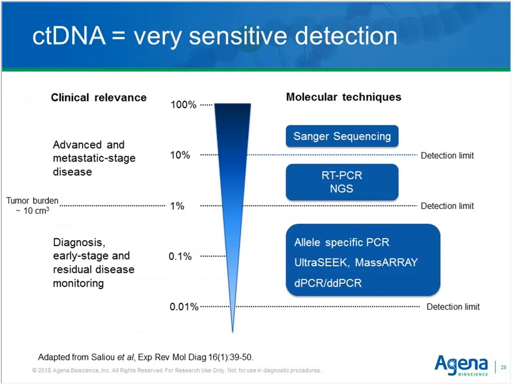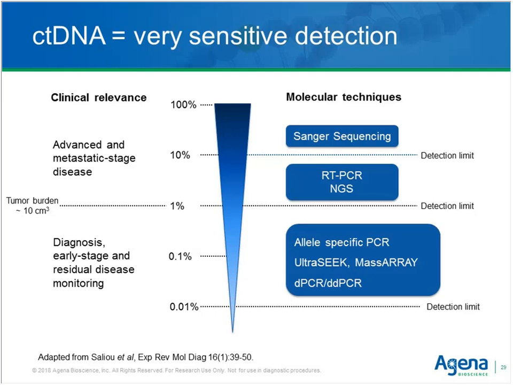So why do we need to worry not just about sizing, but also about the concentration and the amount of DNA? If we take a look at the analytical sensitivity that we need to achieve when working with liquid biopsy, this makes a lot of sense. Going a little step backwards, to the conventional testing of tissue, an analytical sensitivity of greater than 1% or even 10% is not a problem, as it can be achieved with real-time PCR, NGS, or even Sanger sequencing.